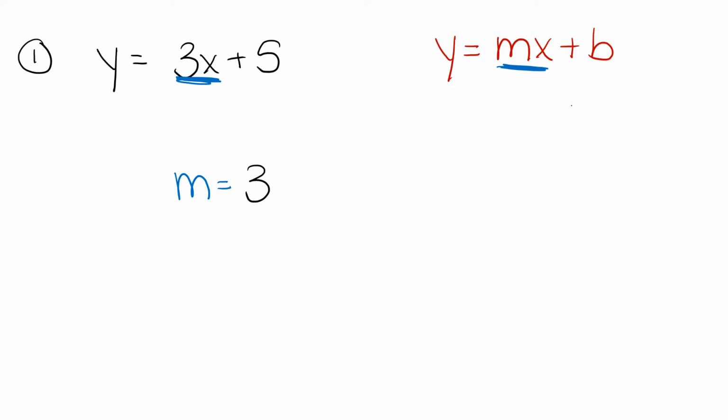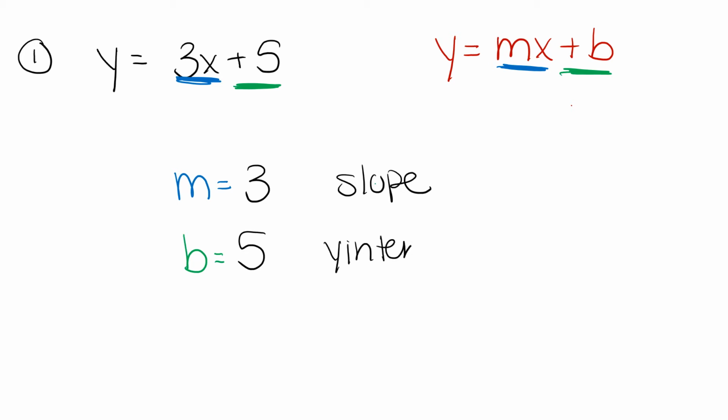Don't put 3x, just put the value, 3. B is the number at the end, the plus b value that's by itself. In this case, the plus 5. 5 is our b value. M is our slope. B is our y-intercept.